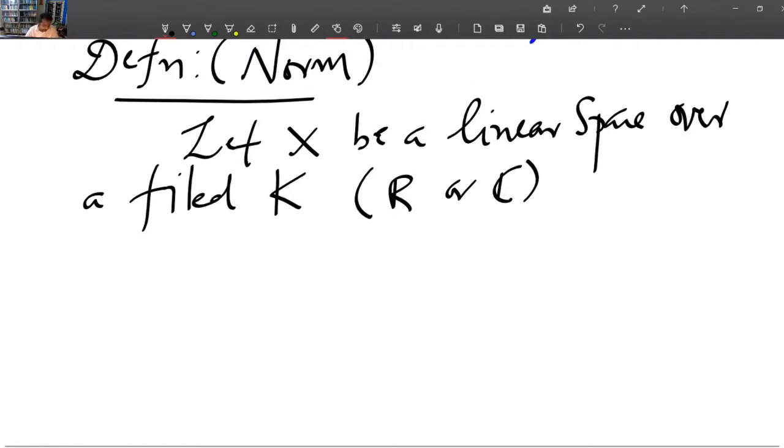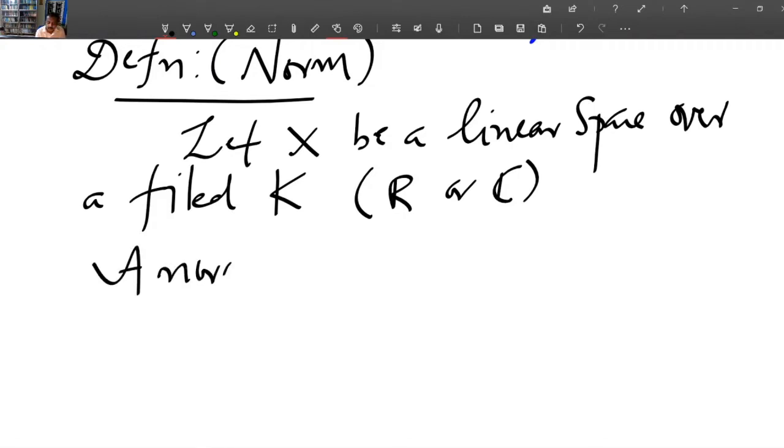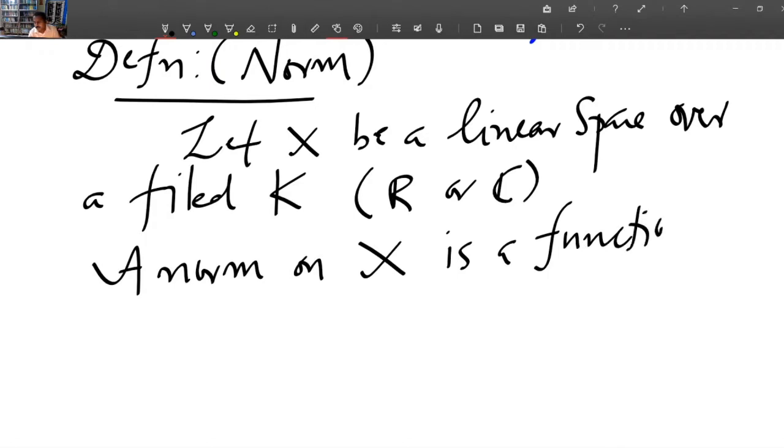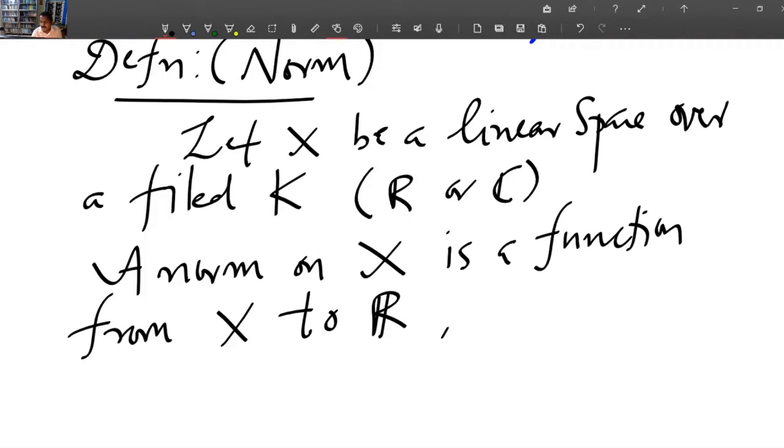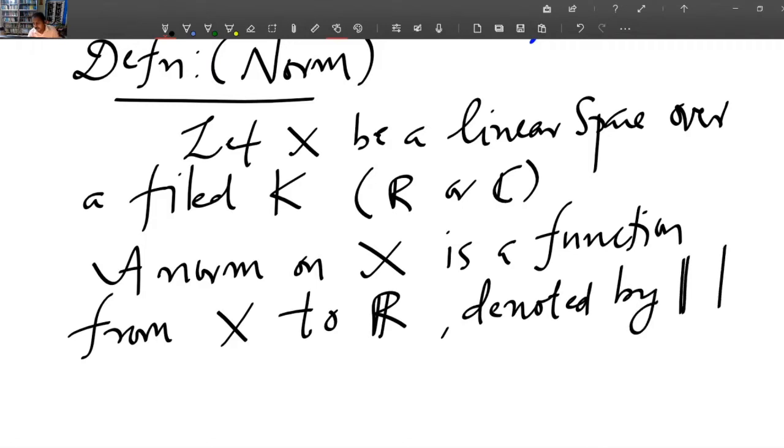Let X be a linear space. A norm on X is a function from X to R, a set of reals, and it is denoted by this notation.